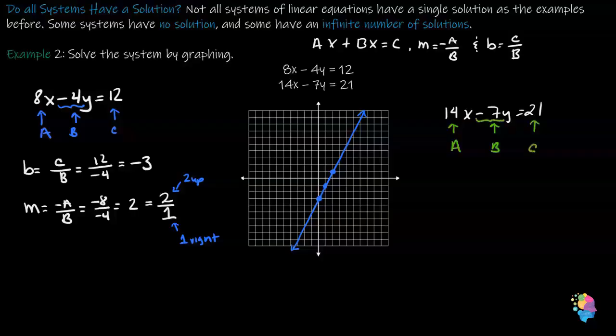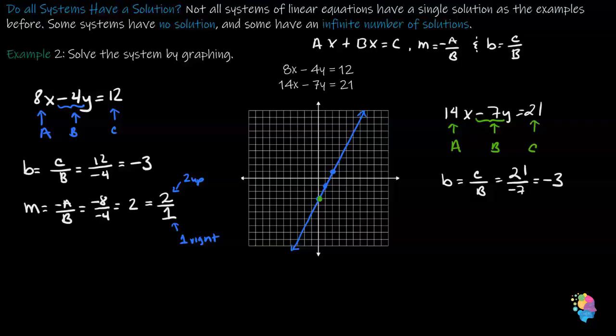We look for the y-intercept, and that is C over B. That's 21 over negative 7. And 21 divided by 7 is 3, and the difference in signs will give us negative 3. So we plot our y-intercept at negative 3. Oh, look at that. It falls in the same place as the previous one.